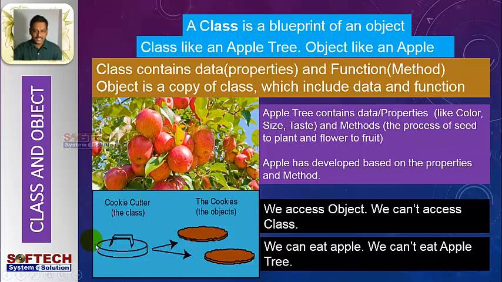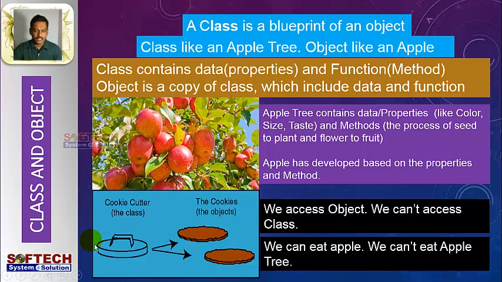We access data and functions through an object. We cannot access them through a class. We can access the object, but we can't access the class. We can eat an apple, but we cannot eat an apple tree. We can eat cookies, but we cannot eat a cookie cutter.